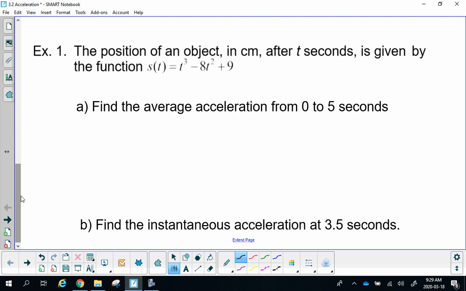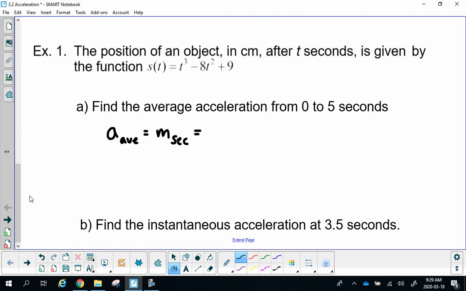So the position of an object in centimeters after t seconds is given by the function s of t. It says find the average acceleration from 0 to 5. So if we're looking for average acceleration, it would be the slope of a secant line.